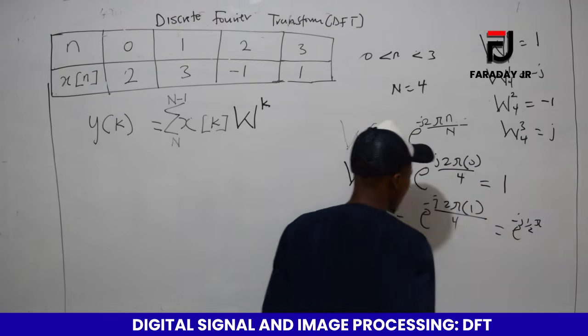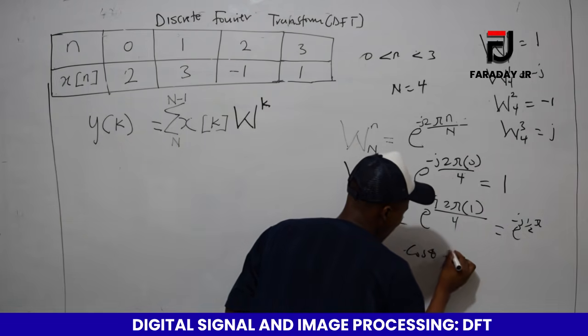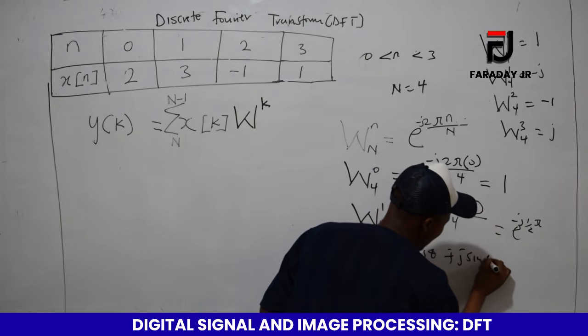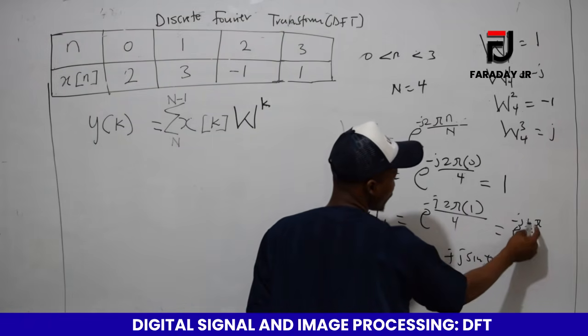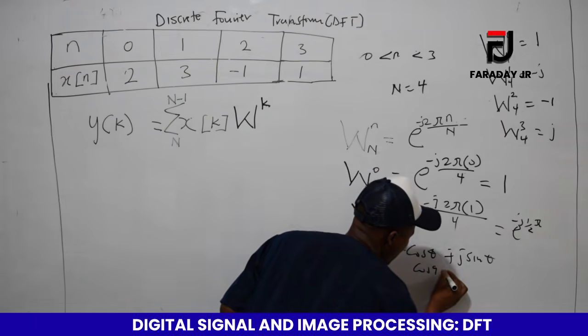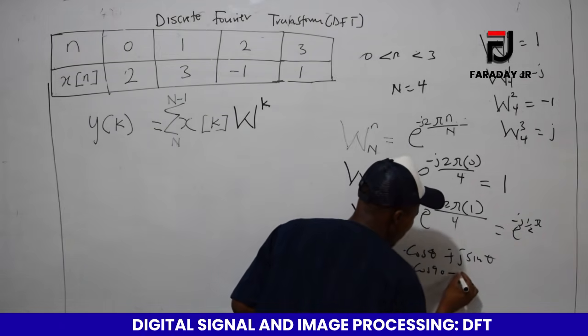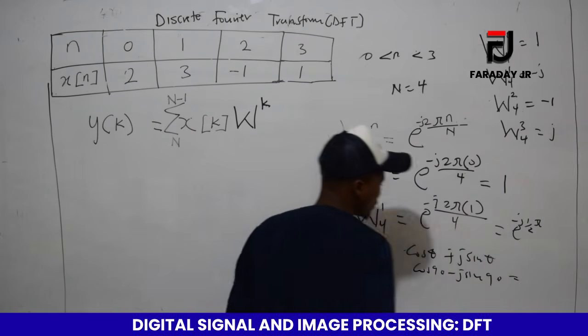This is negative. Now we know the general formula is cos theta plus j sin theta. You need some algebra here. If you have a function like this, it means that half of pi will give us 90 degrees. So we have cos 90, and because this one is negative, minus j sin 90.